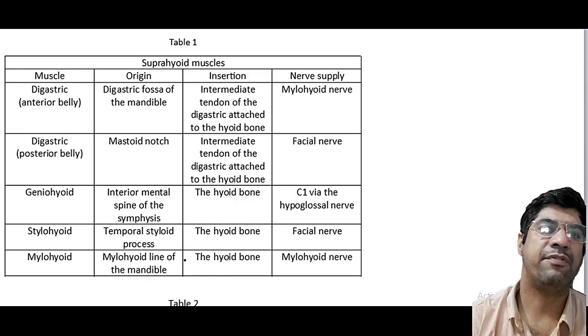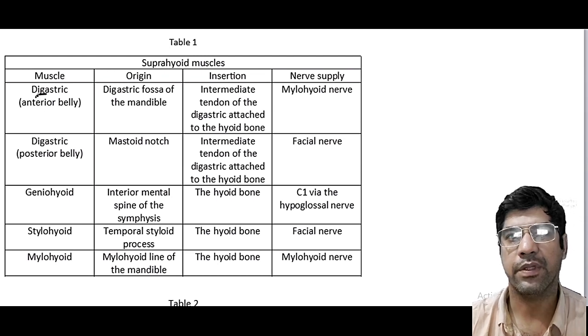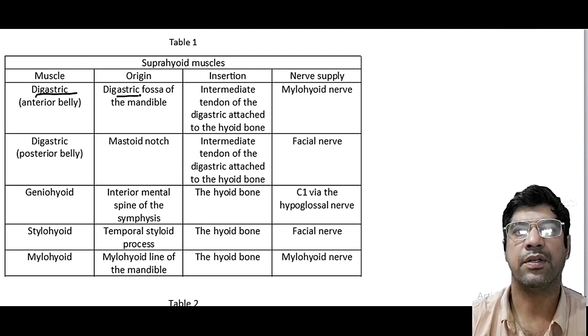So let us discuss the suprahyoid muscles, their origin, insertion and nerve supply. That's very important from your entrance exam point of view. The digastric muscle has origin from the digastric fossa and it is inserted into the intermediate tendon of the digastric that is attached to the hyoid bone. Nerve supply is by the mylohyoid nerve.